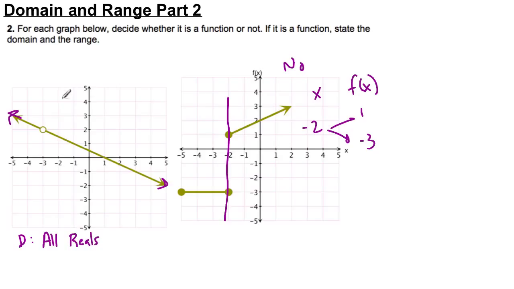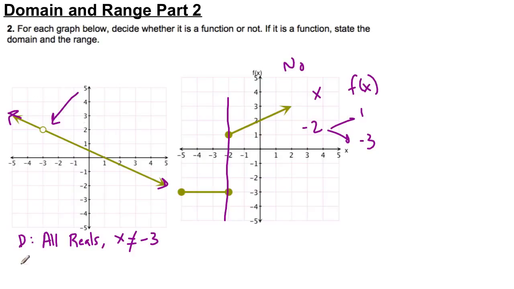But this spot right here, we're going to add a little comma, and we're going to say x cannot equal -3, because it comes along here, and then it just jumps over that spot. So x cannot equal -3. That's our domain.